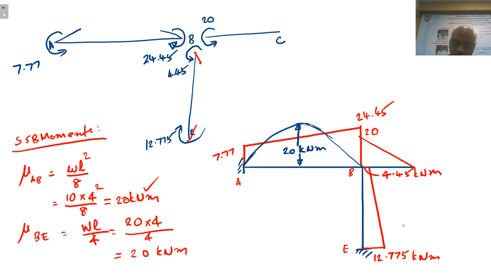Now coming to this, here again it is 4 point something, here 12 point something. So 12 plus 4 is 16 by 2, approximately 8 point something, midpoint 8 point something, and here it is 20, therefore it will be more than that.